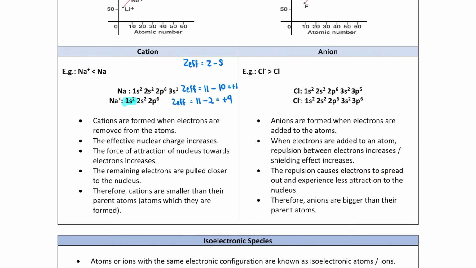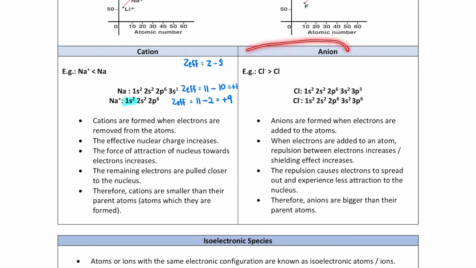Because of the constant repulsion, they spread out and experience less attraction to the nucleus. That means the electrons move further from the nucleus, so they feel less attraction toward it. As a result, an anion is always bigger than its parent atom.